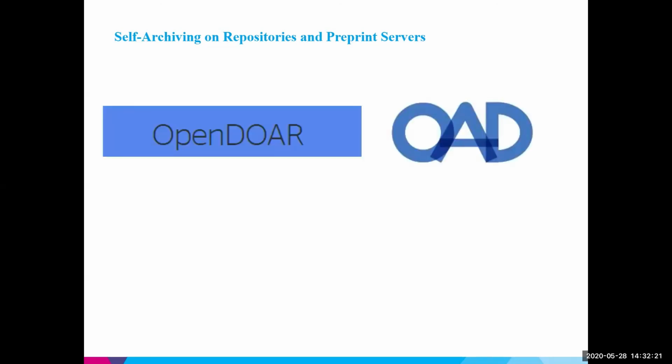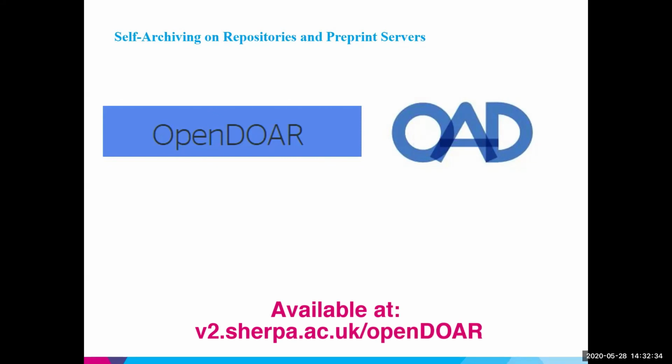You can go with a subject repository, and I will just say that a repository is an online archive of documents. OpenDOAR is a directory of global open access repositories on many different subjects in many different countries. OAD is the Open Access Directory, and they have a list of discipline-specific repositories.